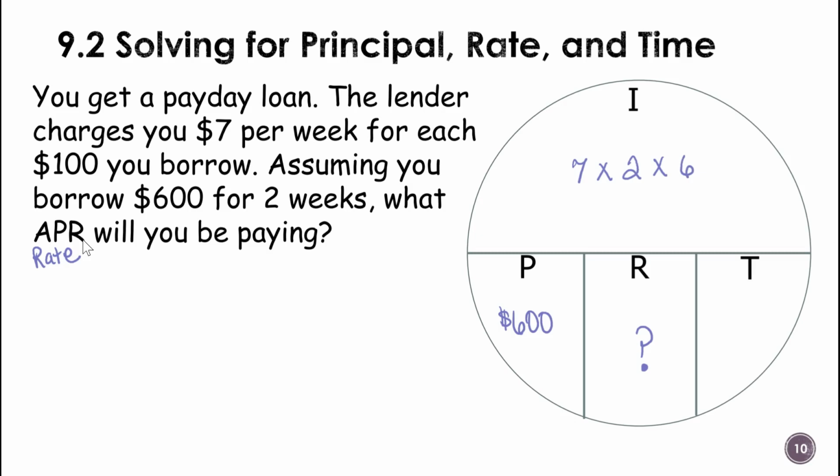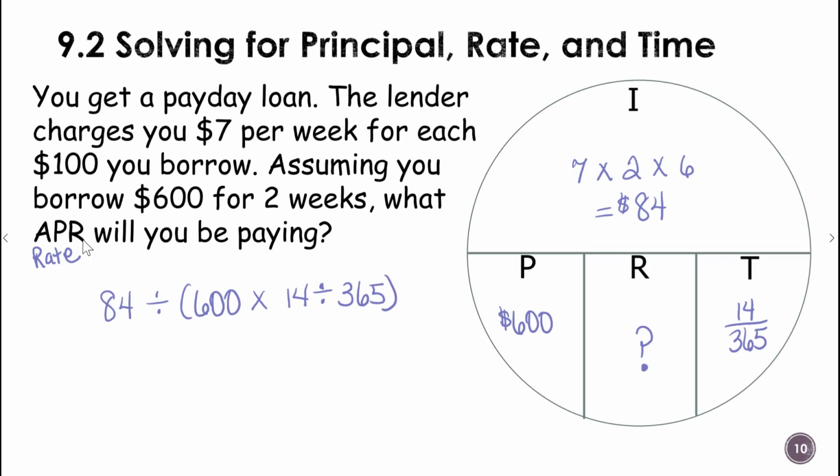When we're figuring our time here, we're going to put 14 days over 365, because this is a 2-week loan. When we multiply up here, we find that our interest is $84. So calculate: 84 divided by $600 times 14 divided by 365, right parenthesis, don't forget that part.